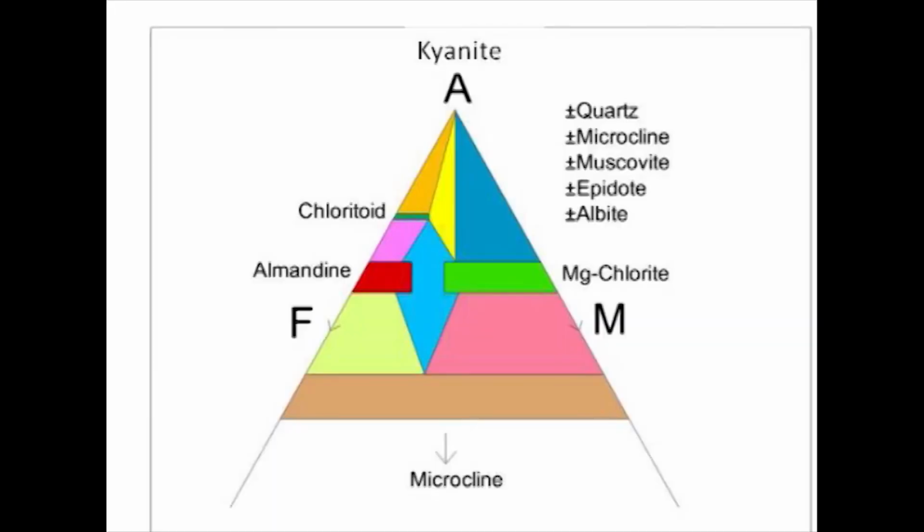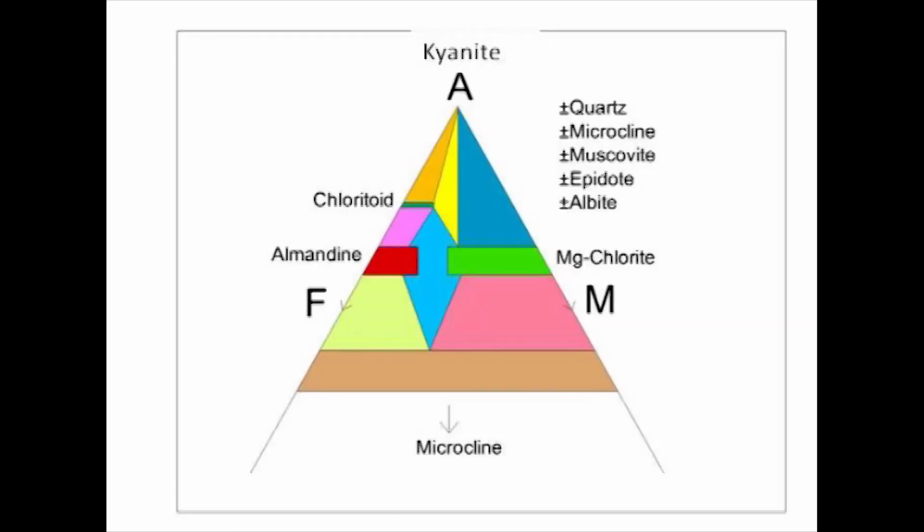And third assemblage is your chloritoid plus almandine plus or minus epidote plus or minus muscovite plus or minus albite plus or minus quartz, also known as chloritoid almandine schist. Fourth assemblage is your kyanite, chlorite plus or minus epidote plus or minus muscovite plus or minus albite and plus or minus quartz, also known as kyanite chlorite schist.